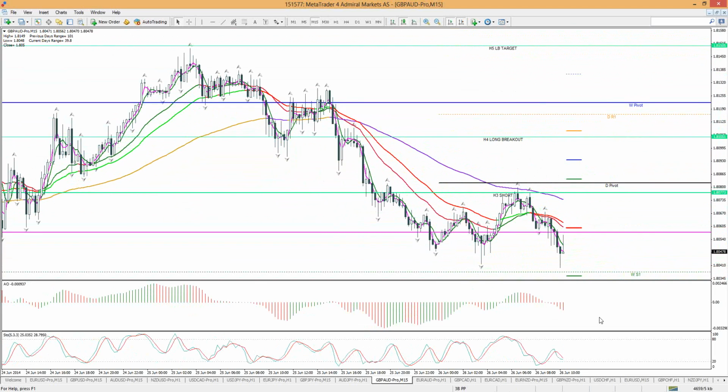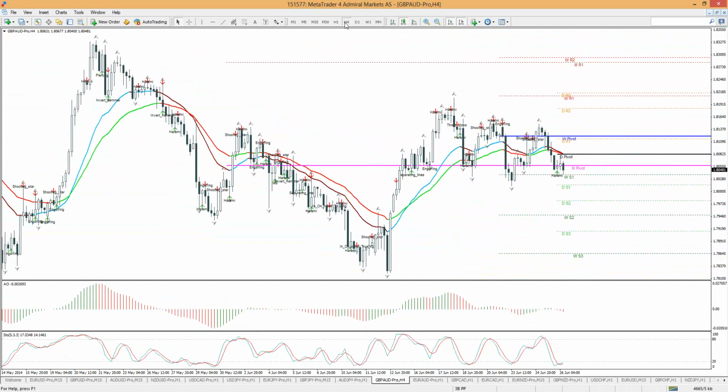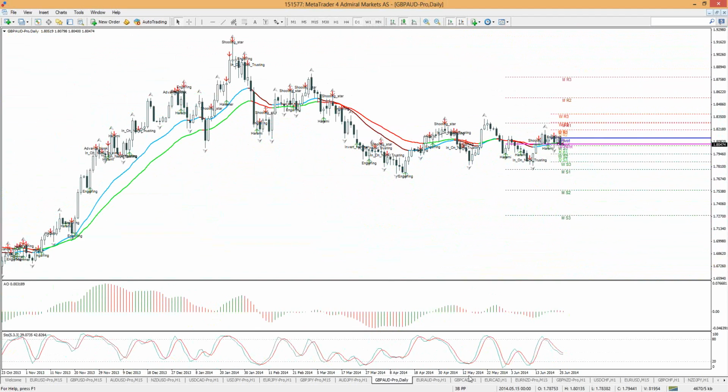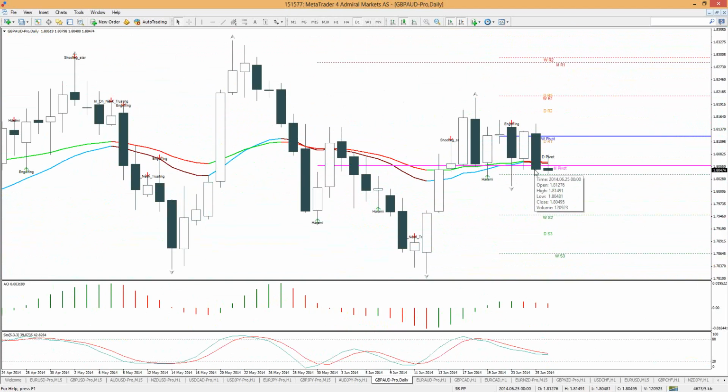So there's plenty of space potential to the downside. Yesterday was a very bearish day. 2 days ago engulfing.